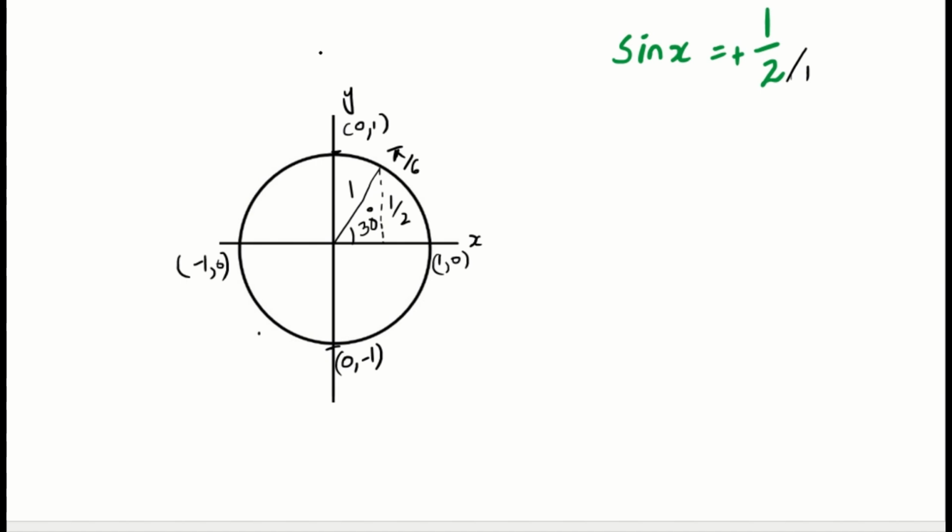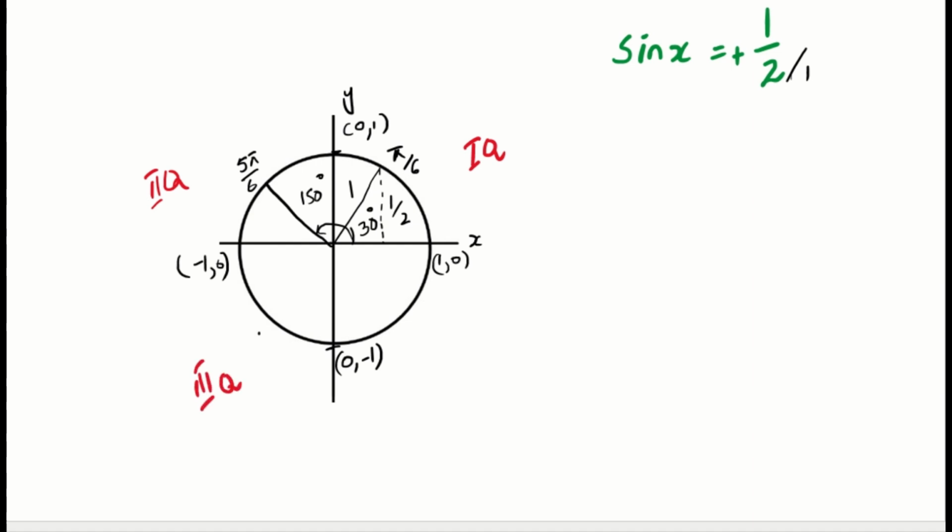So we have another angle that is 180 minus 30. It is 150 degrees. So in radian, we can write this angle as 5 pi over 6. Here is the first quadrant, the second quadrant, the third quadrant and the fourth quadrant.